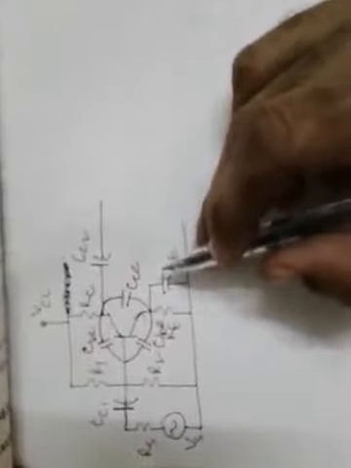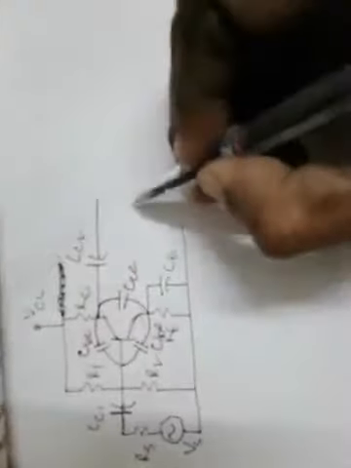So let us proceed with the original discussion. Let us complete this diagram on the next page. So this was the circuit for us. Now let us represent its equivalent hybrid pi model. So first draw the BJT model for the BJT.